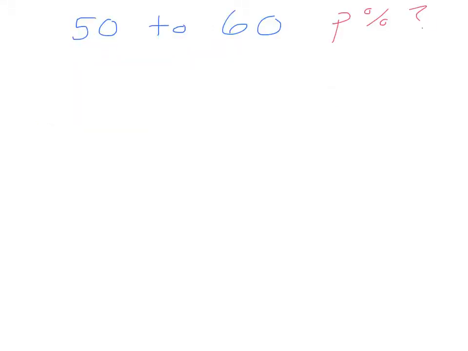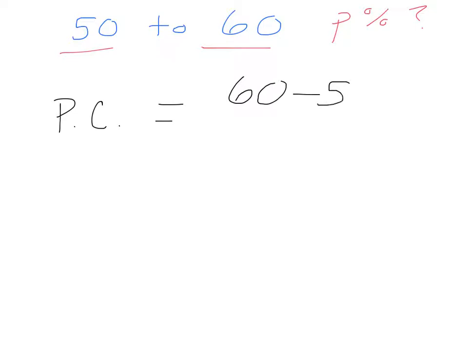So, you've got a number, 50, and then it changes to 60. What is the percent change from 50 to 60? By what percent did 50 change to then become 60? Well, to find percent change, all you have to do is take the new, which is 60, subtract the old, and divide the original.